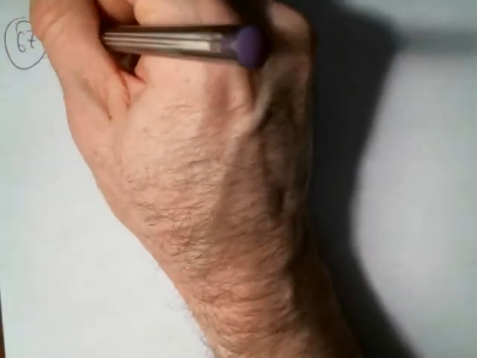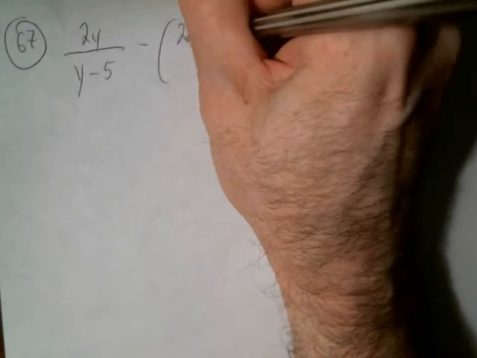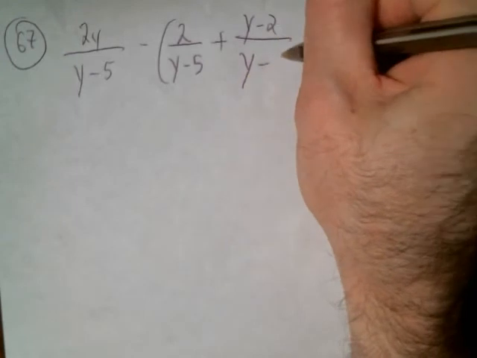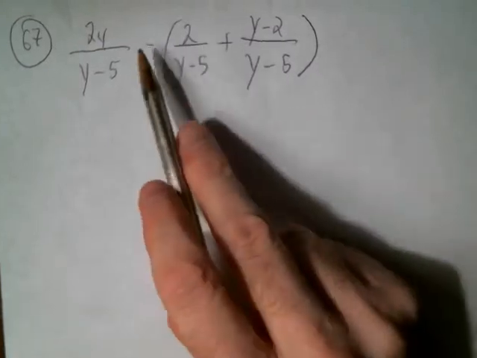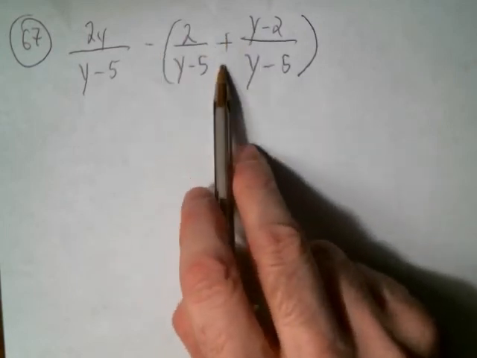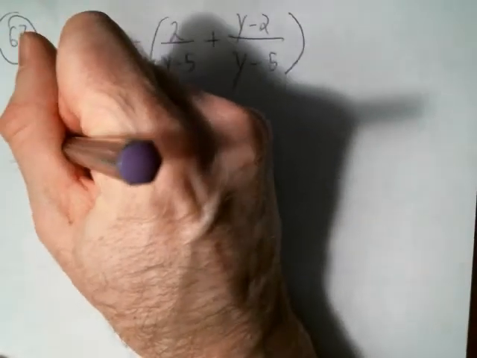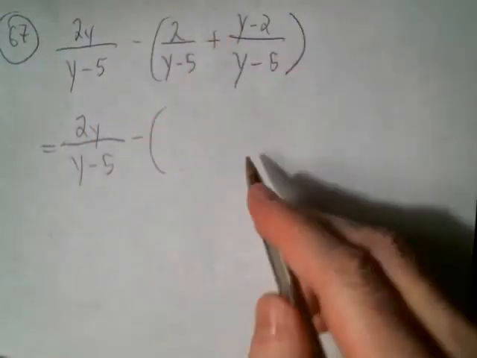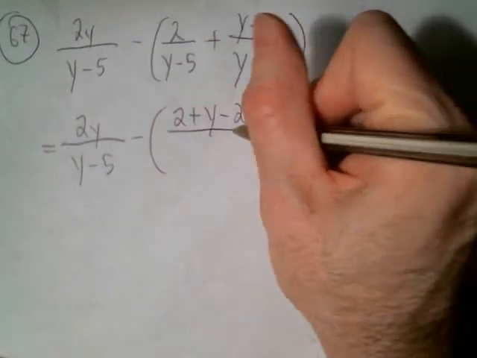This will be 67. Okay. Looks a little different. So there's two ways you can attack this. You can distribute the negative first, or you can just combine the terms inside the parentheses. Let's combine the terms inside the parentheses. So I'll have 2y all over y minus 5 minus, they have a common denominator, so I'm just going to add the numerators over that common denominator.